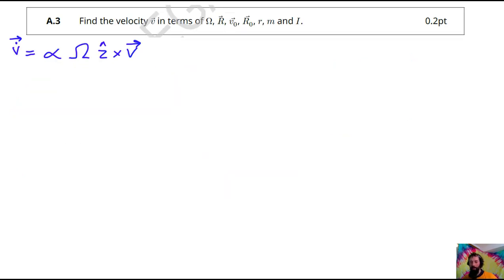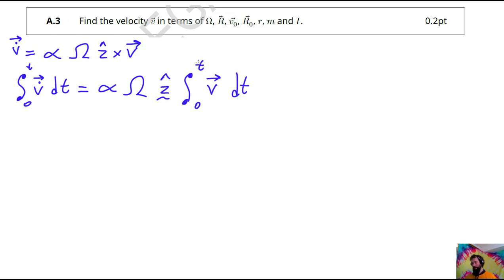Okay, so for part A3, what we need to do is find the velocity. We've already found the acceleration, so I guess what we just need to do here is integrate with respect to time. So if we integrate both sides, we're going to get the following. Note, alpha and omega are constants with time, as is the z direction. Okay, and when we integrate our acceleration, we're going to get the velocity, and we're going to evaluate this at 2 points.